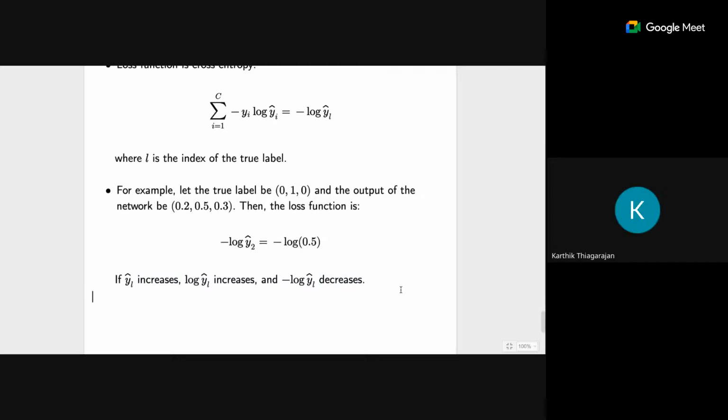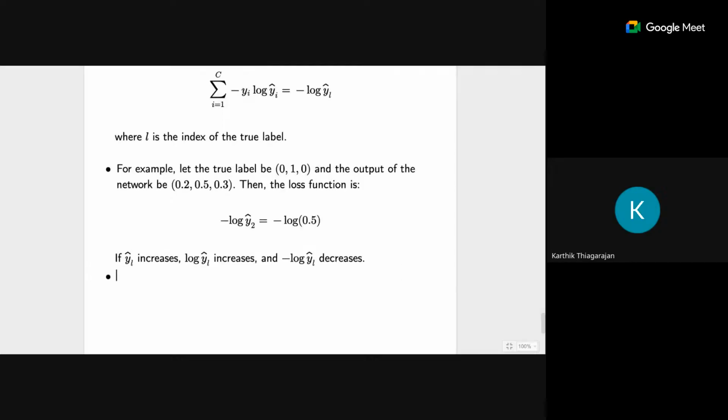Also note that negative log of y hat L is always greater than or equal to 0.